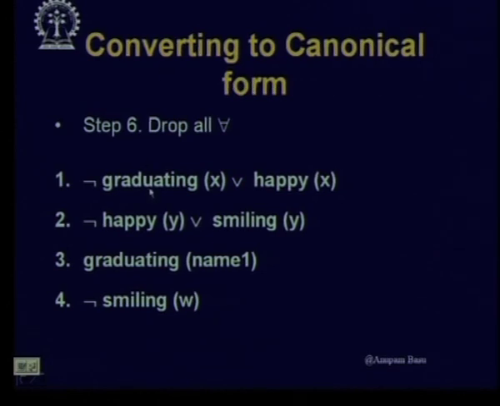Therefore, we now can apply resolution, and let us recall how we should start resolution. We will start with the clause that is the negation of the goal to be proved, and then from the remaining clauses in our knowledge base, we will select the clause that can resolve with this.